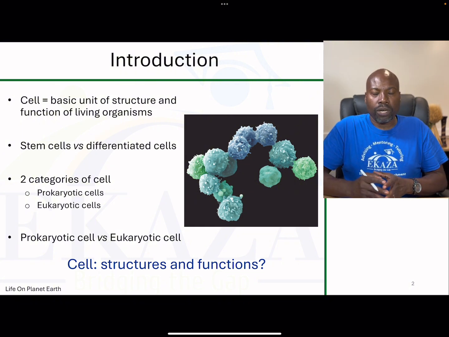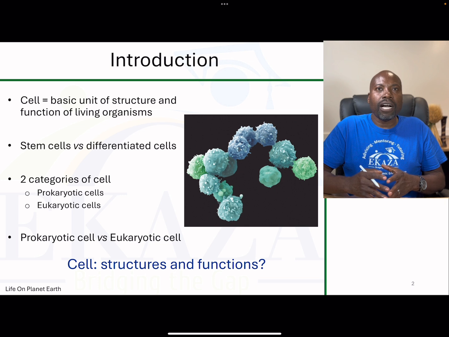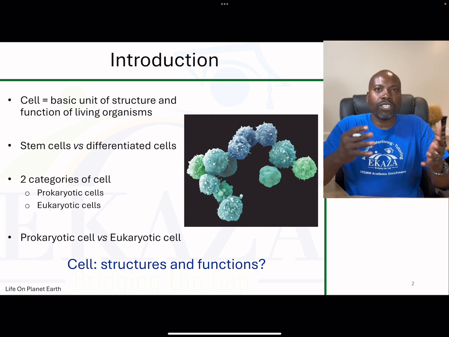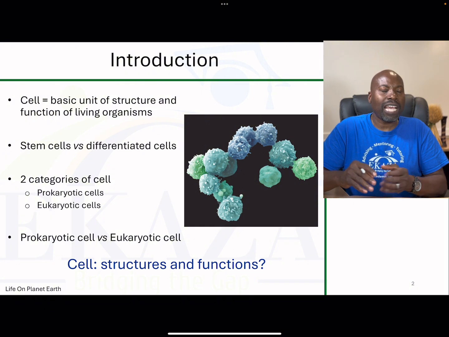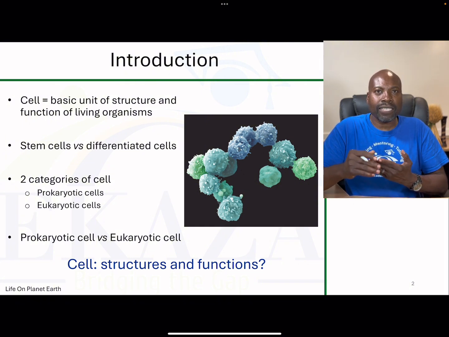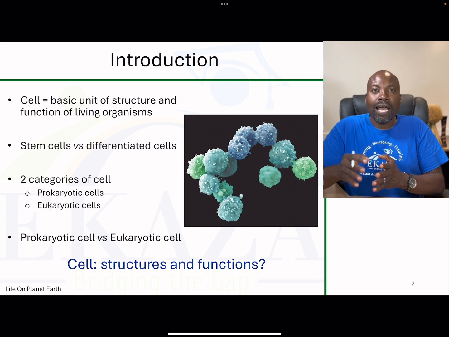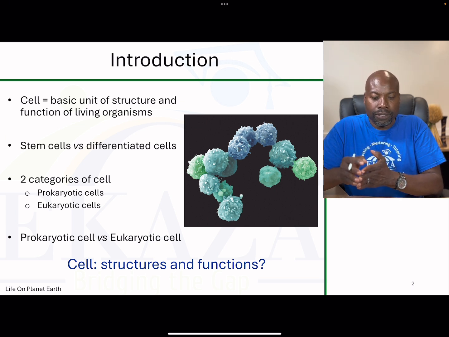As we consider the cells in a multicellular organism such as a human, we are going to have different kinds of cells. We have muscle cells, nerve cells, liver cells, skin cells, you name it. All these different cells are very specialized cells.